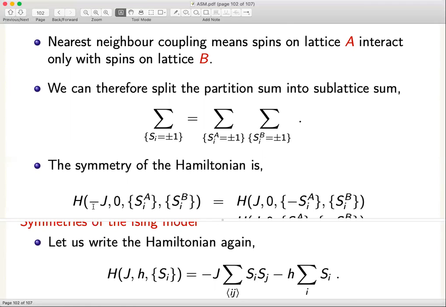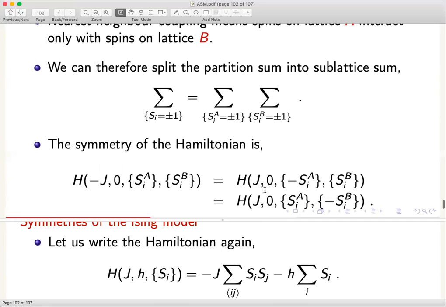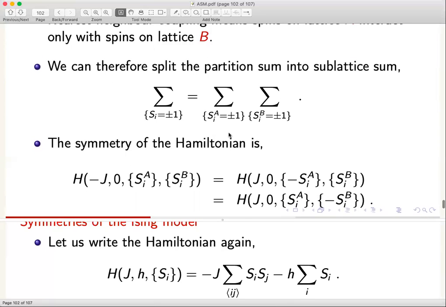So what you could do is flip the sign of J and soak that up by flipping the sign of one of the sets of spins, either on sublattice A or on sublattice B. So you go back to the original J value, but swap SiA to minus SiA or SiB to minus SiB, one of the two. That is the kind of transformation.